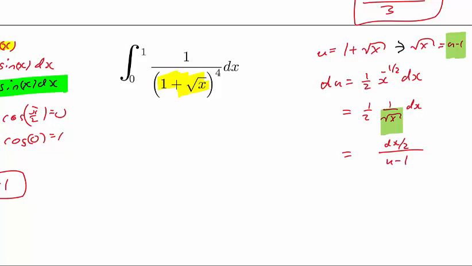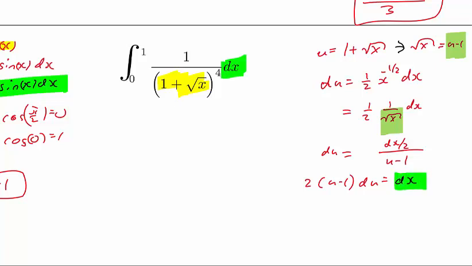And now let's go ahead and rearrange this equation so that we can get a match for what we see over here. And so this is going to be 2 times u minus 1 du equals dx.